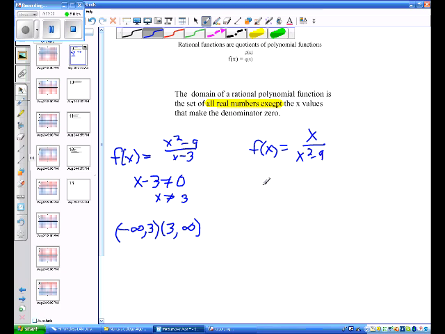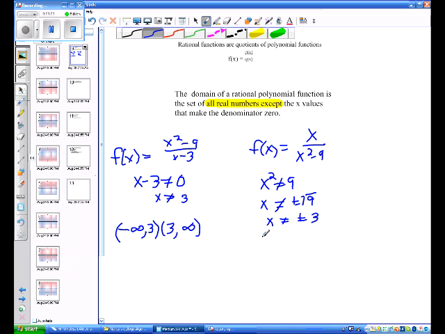So we've eliminated 3. If we had the rational function f of x equals x over x squared minus 9, then x squared minus 9 cannot equal 0, so x squared cannot equal 9, and so x cannot equal plus or minus the square root of 9. So x cannot equal plus or minus 3.